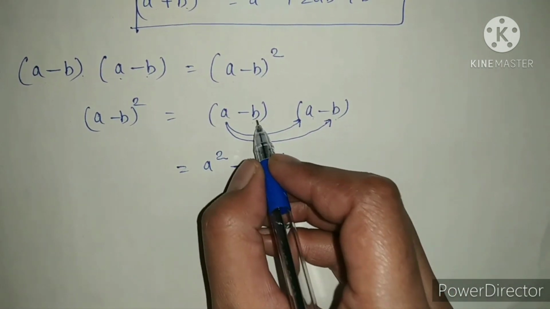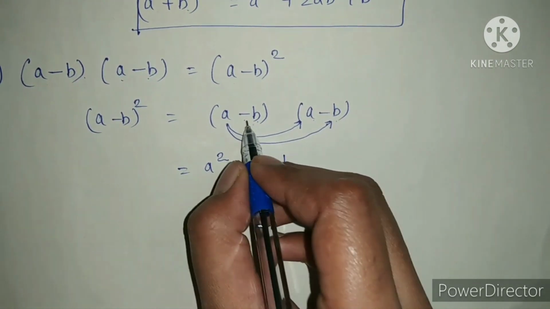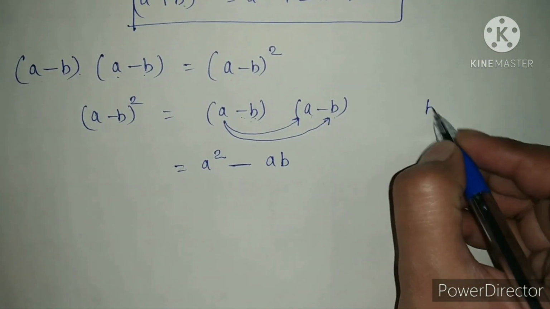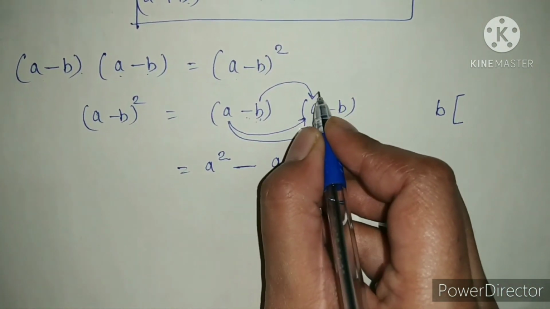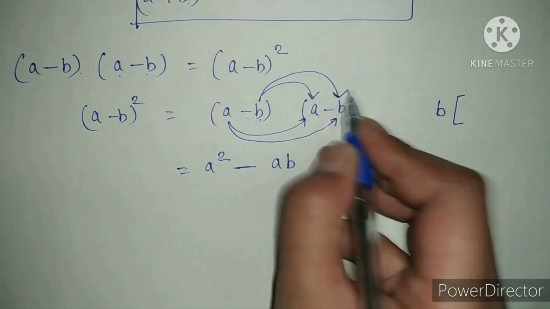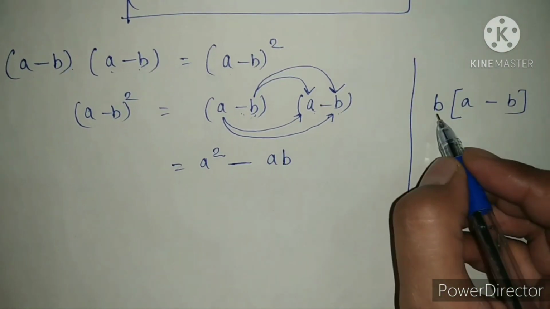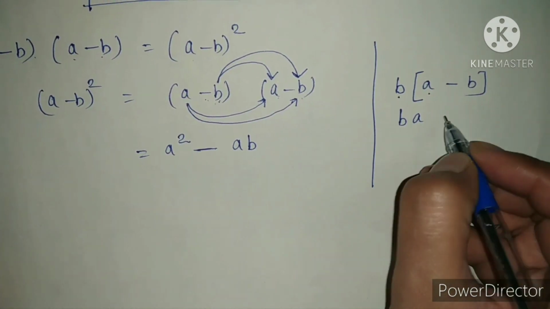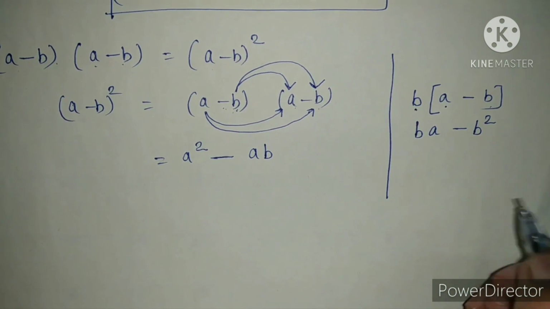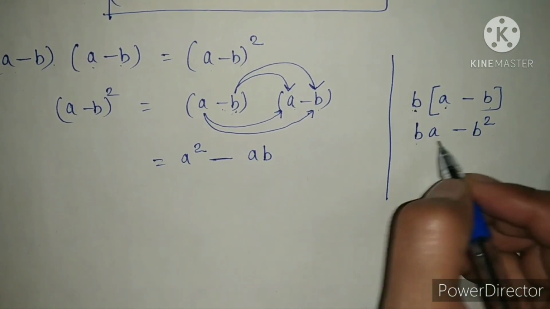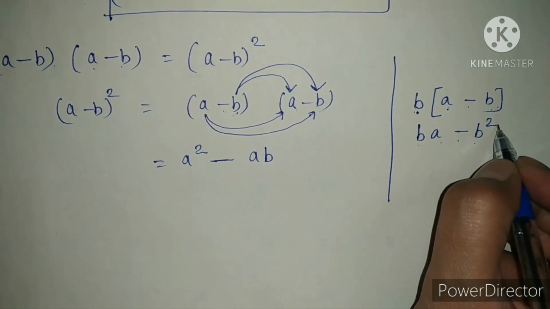Now we have to start with b, but b has a minus symbol. Which symbol? Minus symbol. So b is multiplying in the a and in the b. So b into a is ba minus, b into b is b square.